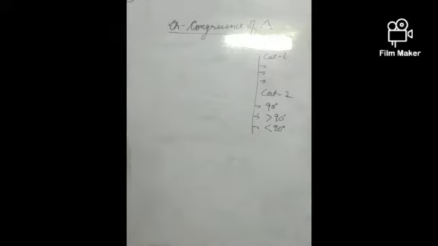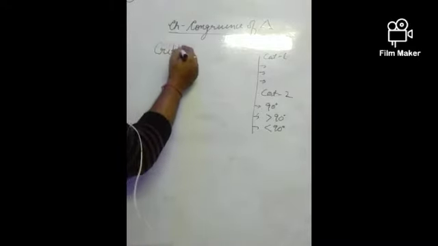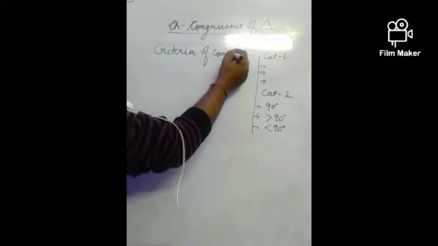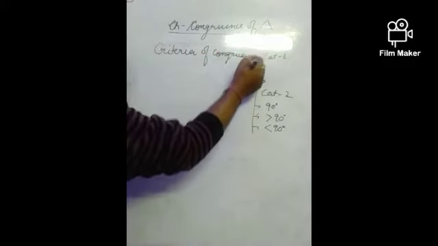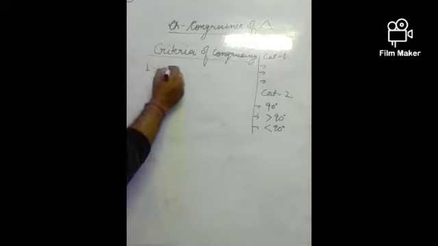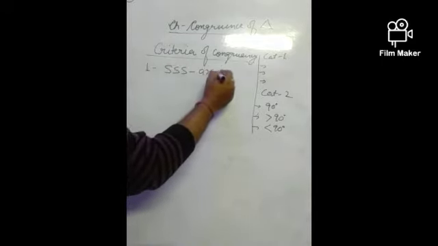Now let's come to the criteria of congruency, and there are 4 criteria. First one is the SSS axiom.